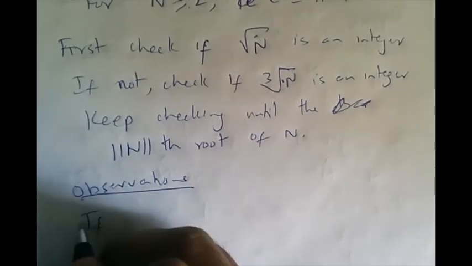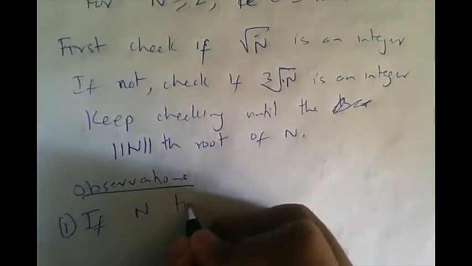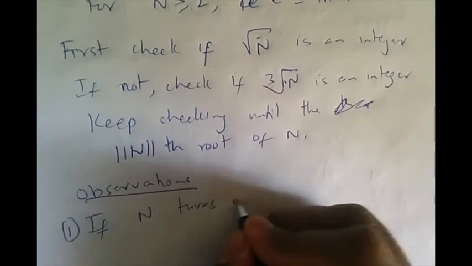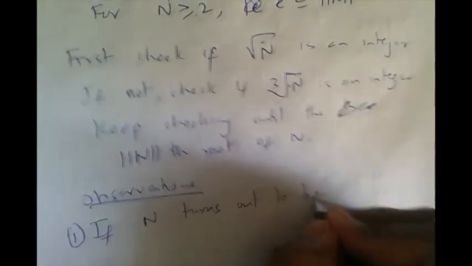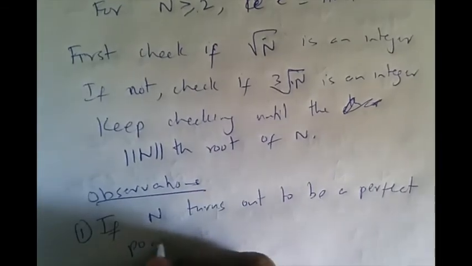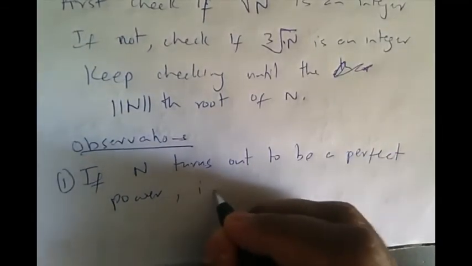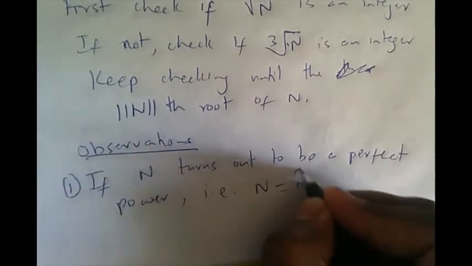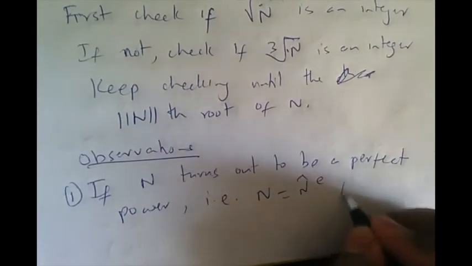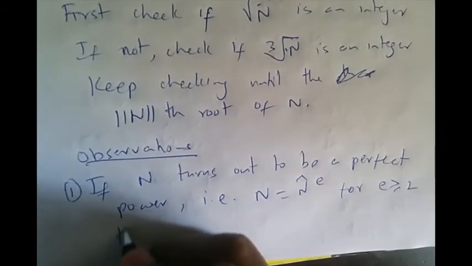If n turns out to be a perfect power, that is n is equal to n hat raised to e for e greater than or equal to 2, then n is composite.